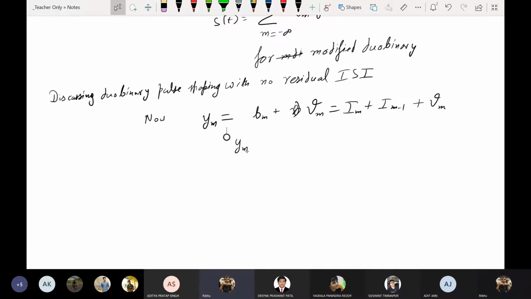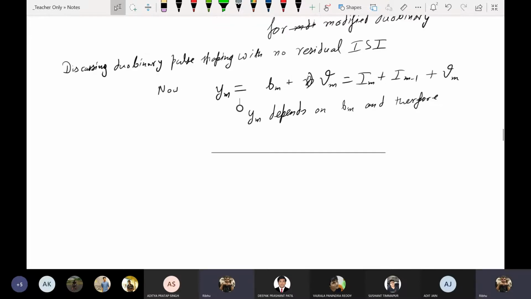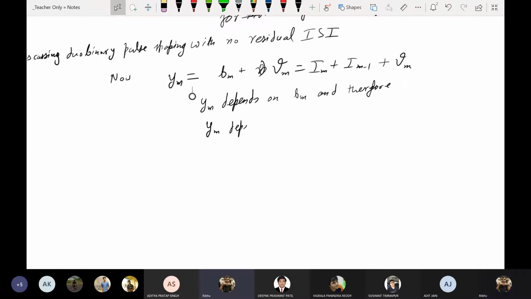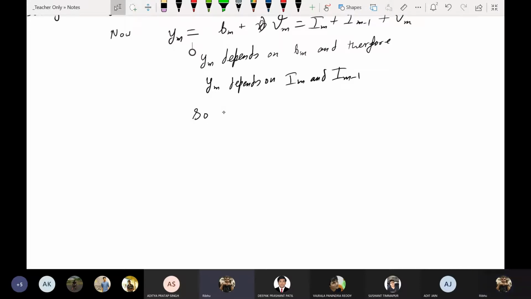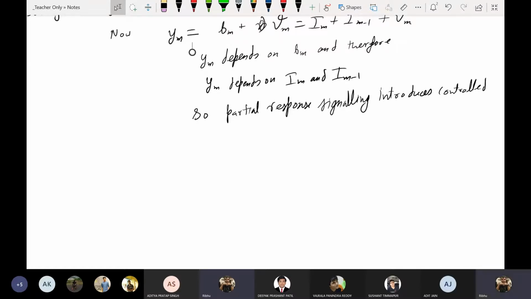So Ym, you see, depends on Bm, and therefore depends on Im, and so partial response signaling introduces controlled ISI, but it also makes Ym.